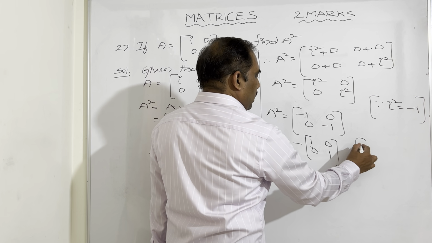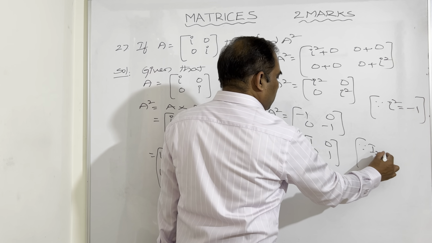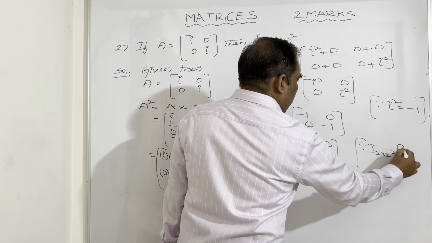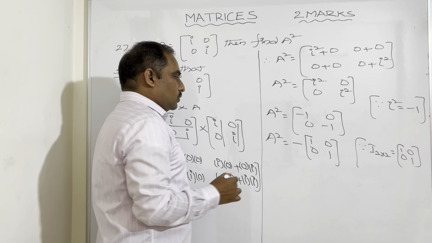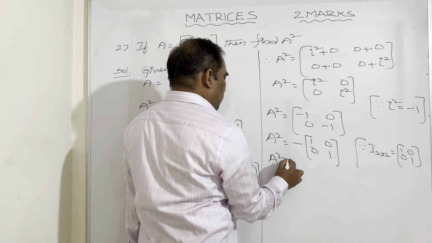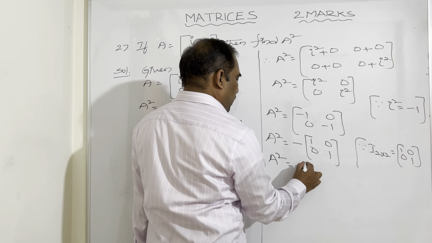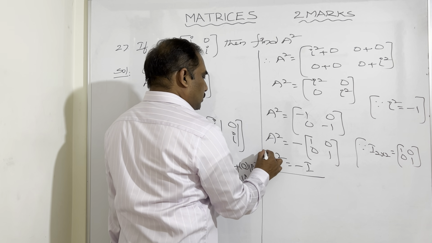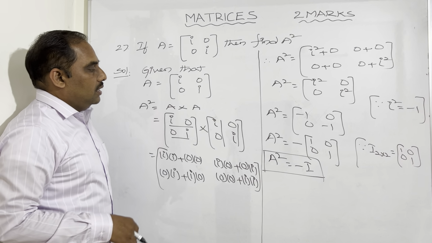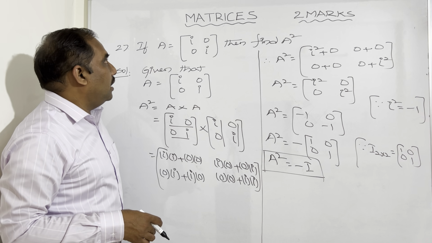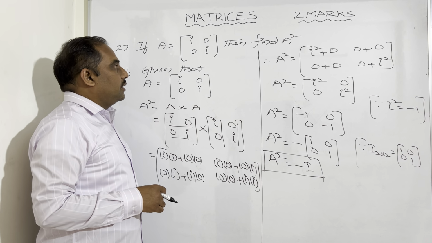We know that the identity matrix of order 2, I2, is equal to [[1, 0], [0, 1]], so this is replaced by the unit matrix I. So finally we get A square is equal to minus I. Like this, we can find the square of the given matrix A.